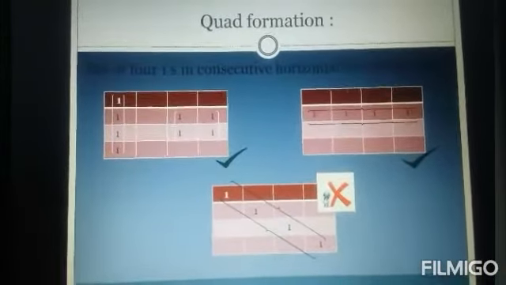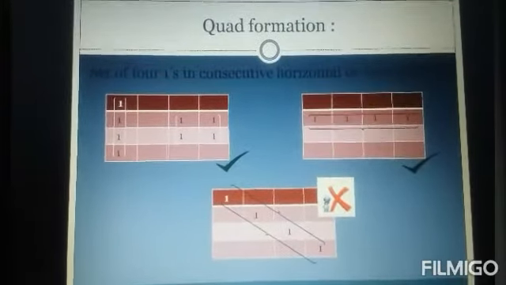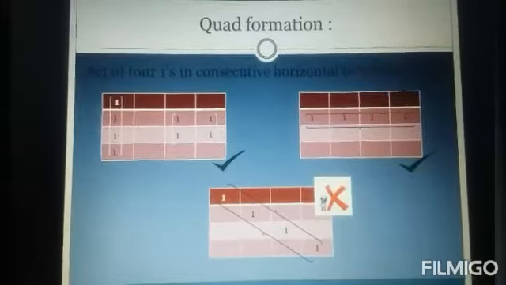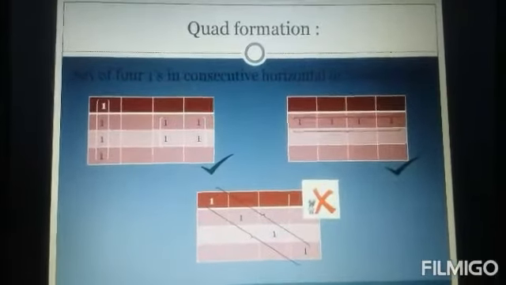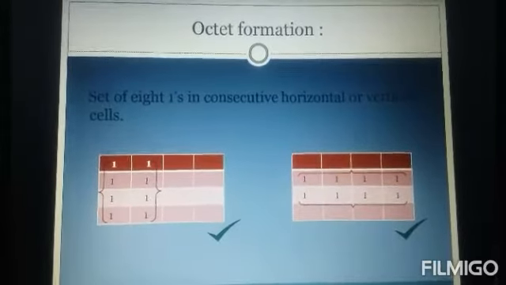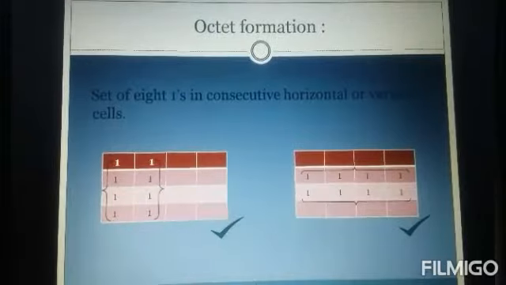Either vertically or horizontally, it is the correct one, but slanting order is the wrong one. A quad is a combination of four ones together, either horizontally or vertically. Then the next one, we have an octet, either in vertical or horizontal direction, 8 ones together in consecutive cells.